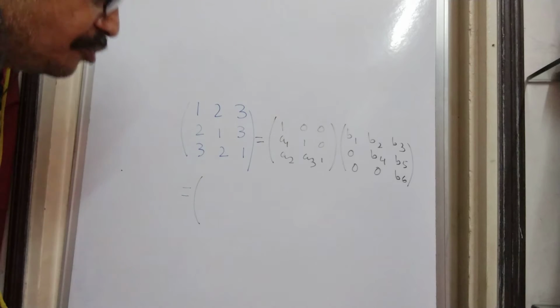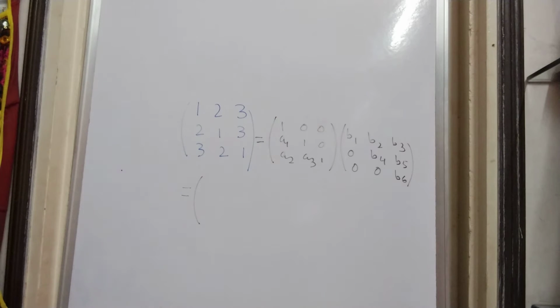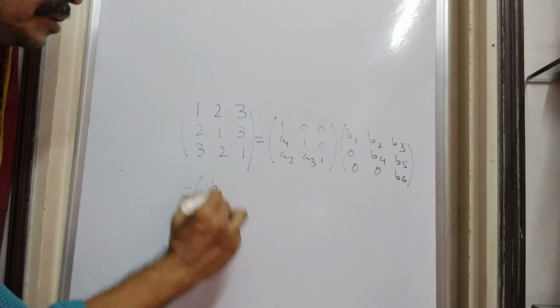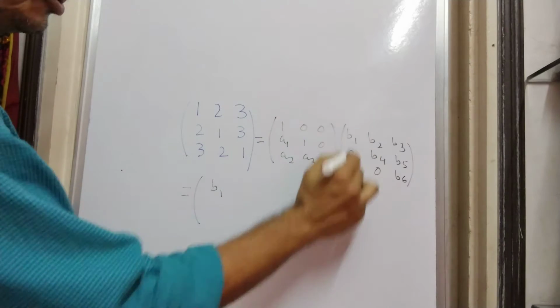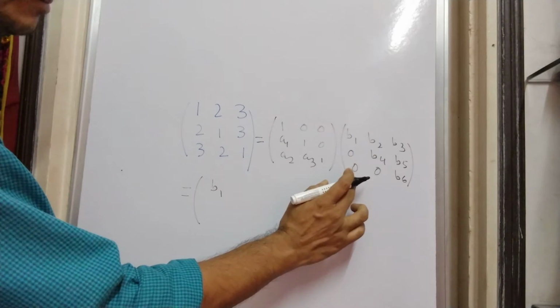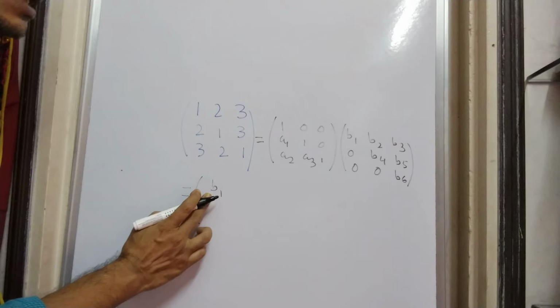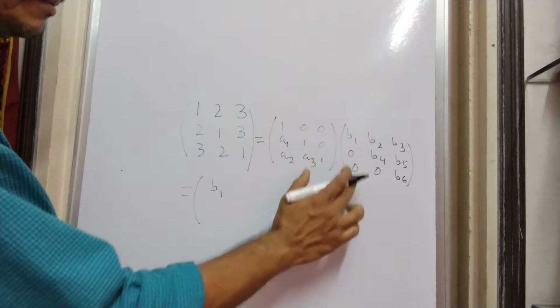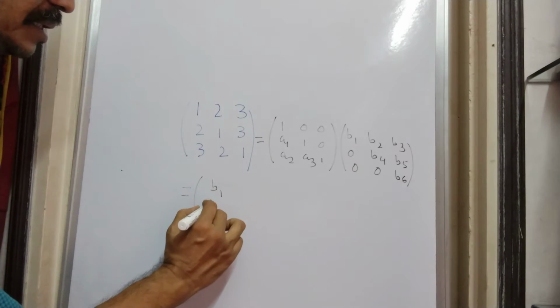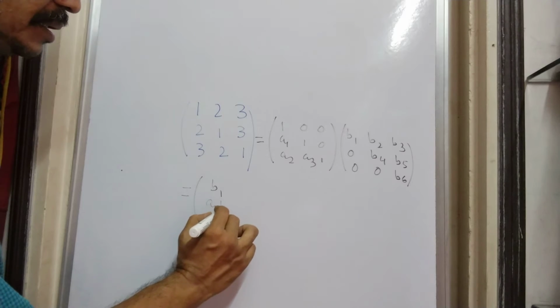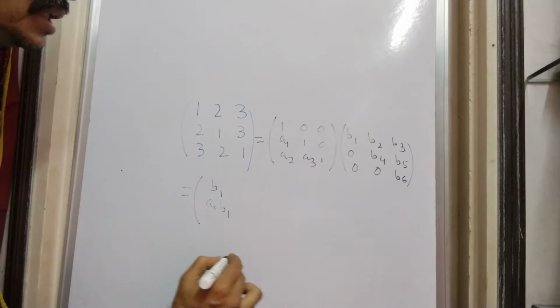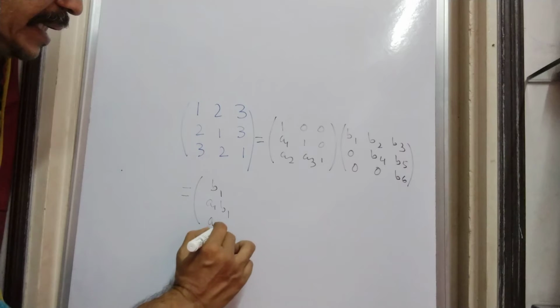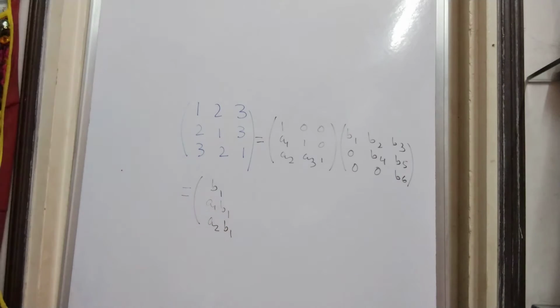So if we multiply, the first column with the first row gives the 1 1 element, B1. Then first column into second row gives A1 B1, and first column into third row gives A2 B1.